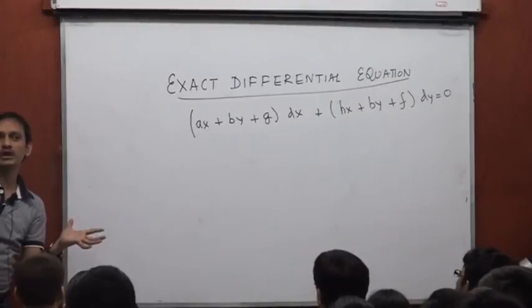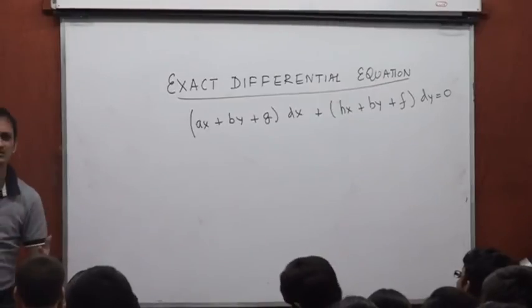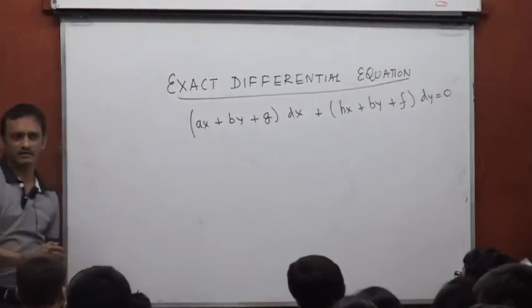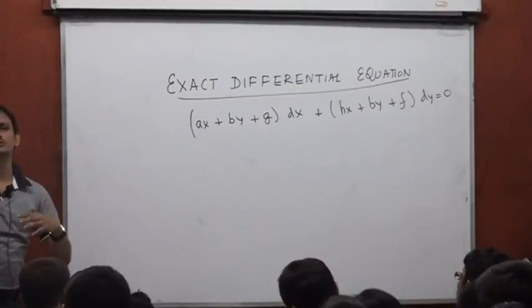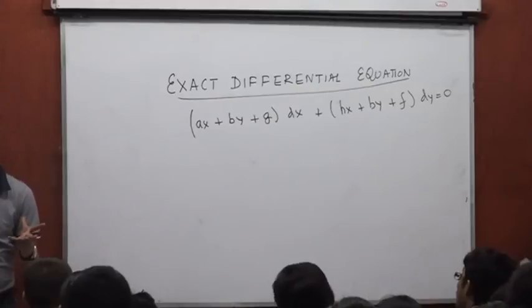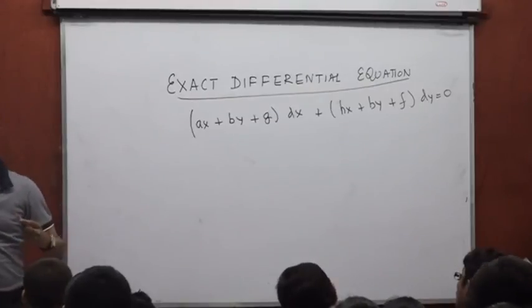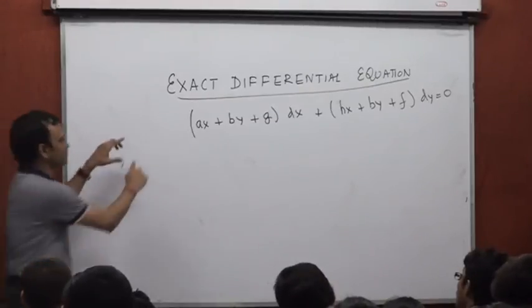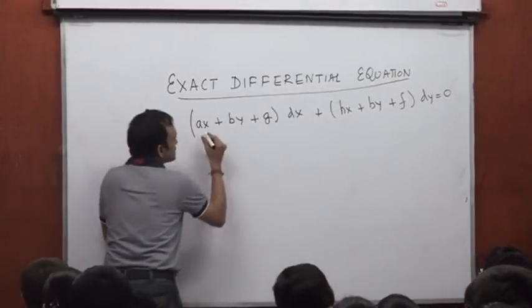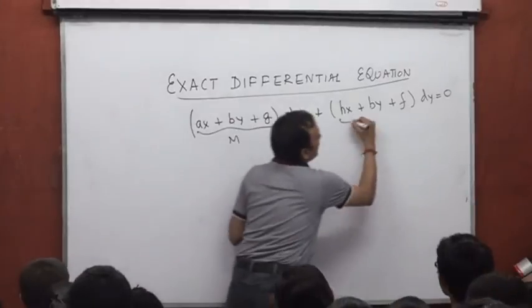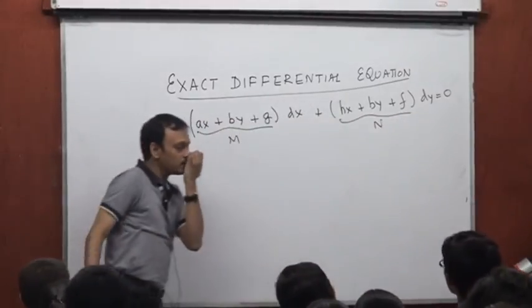It's time consuming and it causes a lot of pain. Too many stages involved, you're prone to making errors, right? Check if you could directly, with some little adjustment or manipulation, write it as d of something equal to 0. That means if this expression could be written as d of something, right? This is my m and this is the n, right?